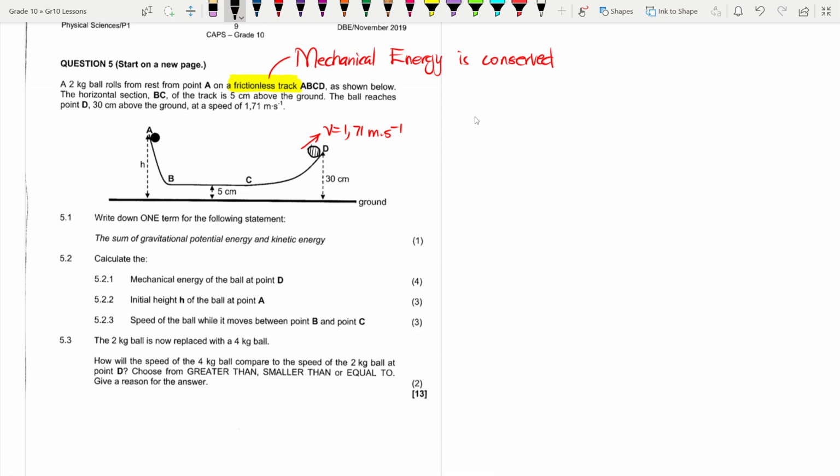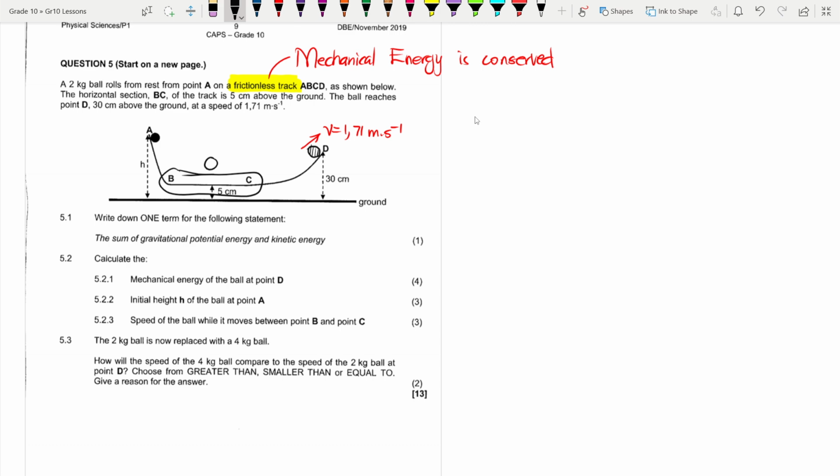Because in this case, if I start from here and then move all the way to B, I can call that one dimension. Then I can use equations of motion. But when I go to BC, I expect to have constant acceleration there, but of 0 as well. So there won't be any acceleration there.